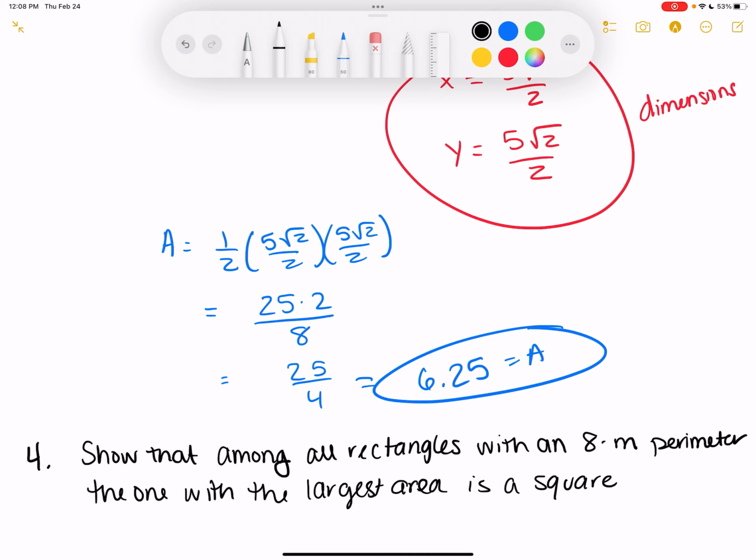Okay, so in this case, we are given perimeter, okay, and we want to show that the one with the largest area is a square.